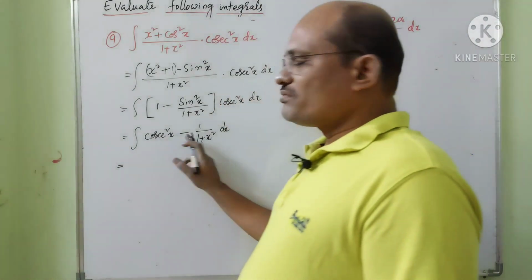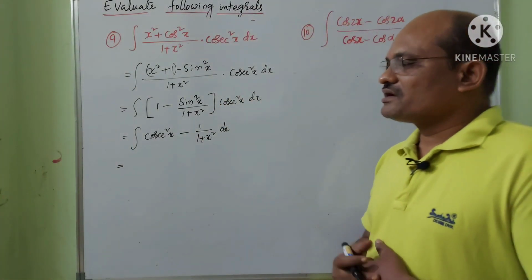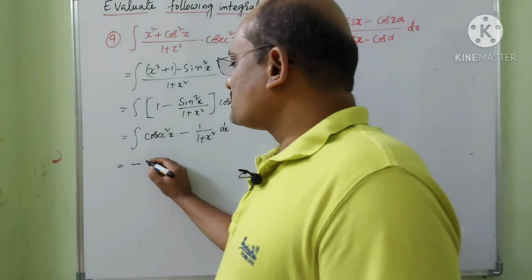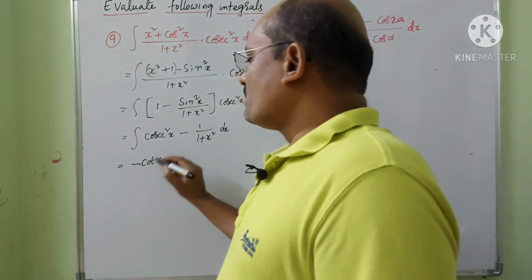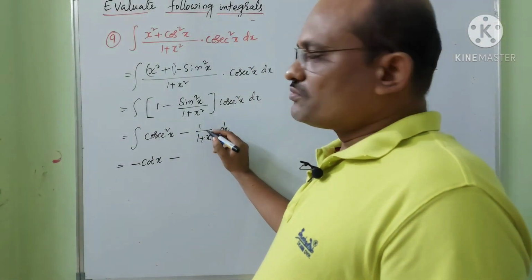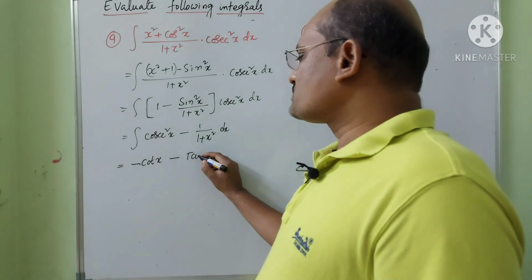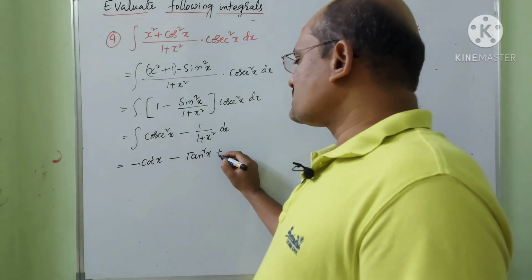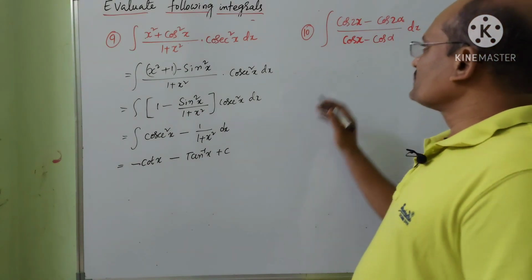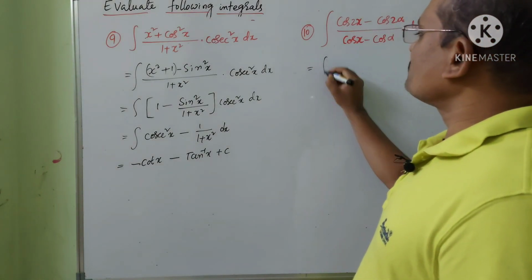At the middle we have minus, so you can integrate separately. Cosecant square x integration is minus cot x, minus 1 by 1 plus x square integration is tan inverse x plus c. This is the answer. Now let's do question number 10.